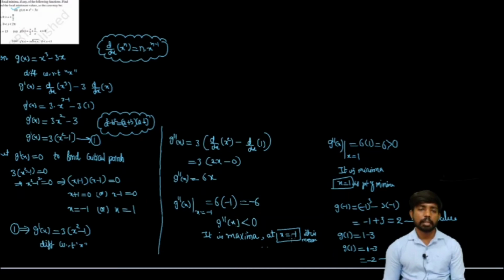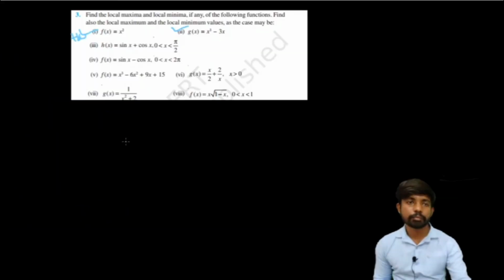The maximum value is 2. Next, substituting x is equal to 1 in the double differentiation, it comes out positive, hence it is minima. The minimum value is minus 2. That's all. This is the result.